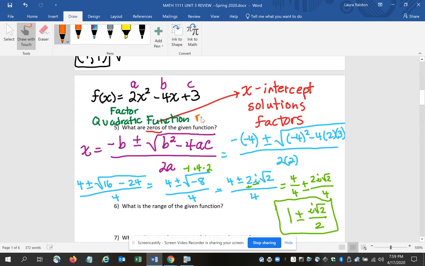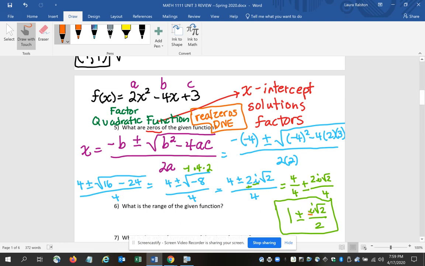For real zeros, they do not exist. You don't have any zeros that you can physically see on the graph, because the ones that we found are imaginary.